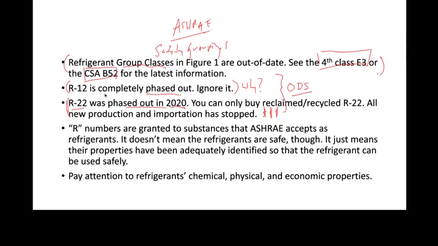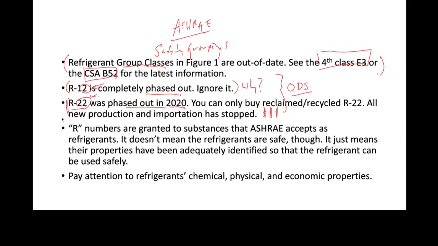Remember, carbon's got four bonding points, right? So what they do is substitute the hydrogens for chlorine or fluorine, and the chlorine is the baddie because it's going up and knocking out the ozone layer, purportedly. So R12 has more chlorine than R22, so they got rid of R12 first, and then R22 survived until last year.